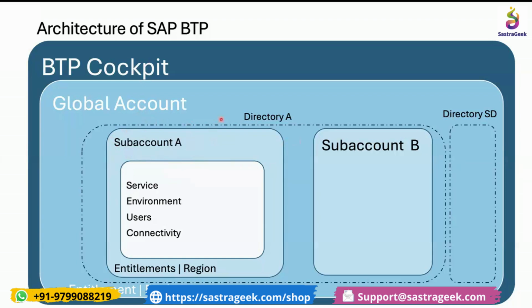Let me explain in a bit more detail. A global account is an account that's created for your company. There would be an admin for it, who would be managing your global account. And within your global account, you have multiple directories, which are basically an organizational way to hold your sub accounts.